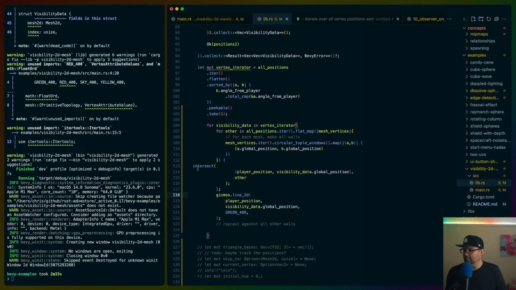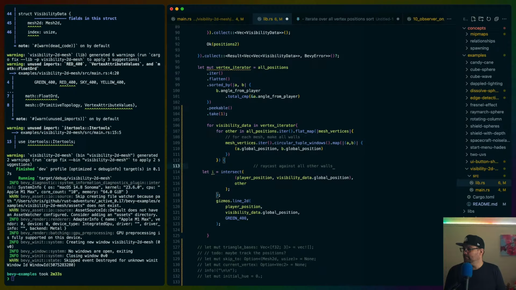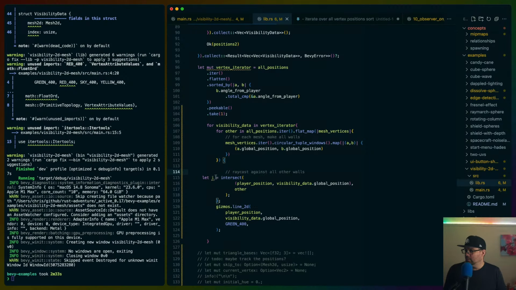Hopefully Rust Analyzer will help me out by formatting my code in a second, even though I'm doing a horrible job of keeping it formatted. So this theoretically should be the intersection point.